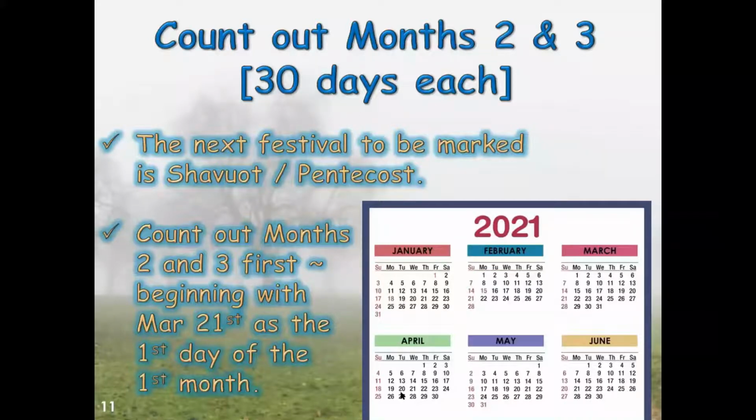Okay, so now we need to count out for the third month. Start with April 20th as day number 1 and count out 30 days, and then the next day will be the first day of the third month. And you can do this an easy way. I know how to count by sevens.